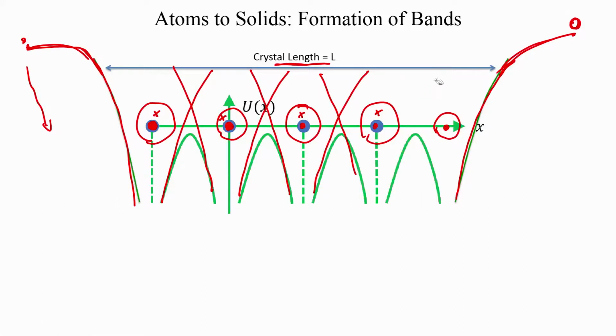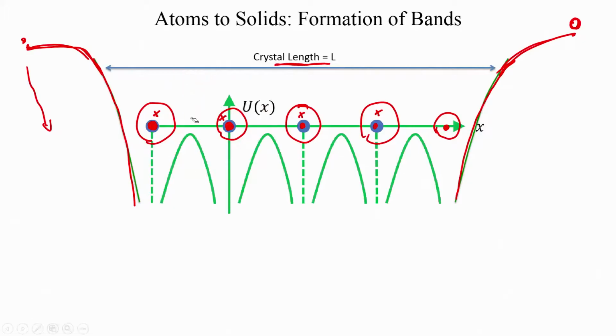But as we get inside, as we start entering this arrangement and look at the potential profile along this direction x, we will see that the different potentials of these different atoms now interact, and you will end up with a potential profile that looks like this.